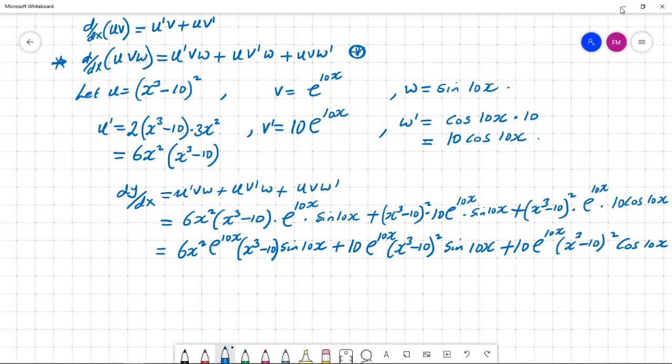So how do we simplify this further? The next thing now is to find out if we have common factors.